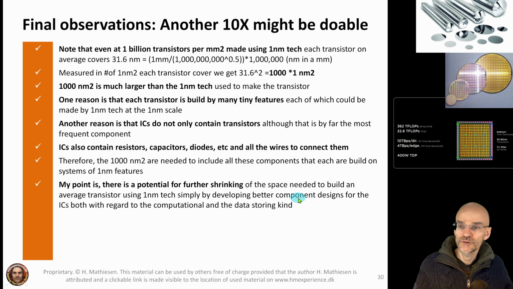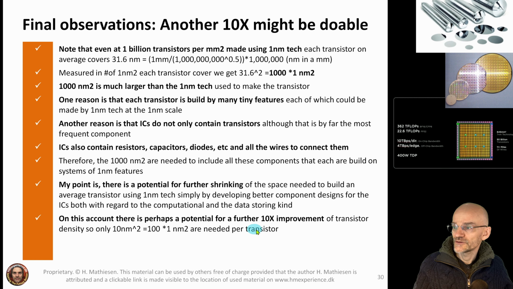So my point is, it could be that there are more brilliant IC designs that will enable us to pack even more components into integrated circuits using the same 1 nanometer technology that should be available in 2031, at least for computational transistors, and then again in 2043 for data storing transistors.